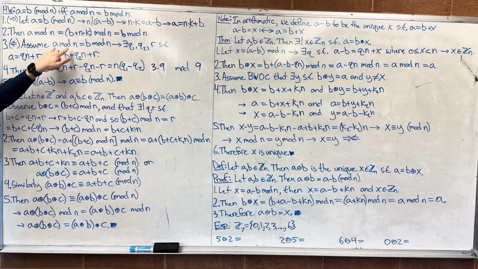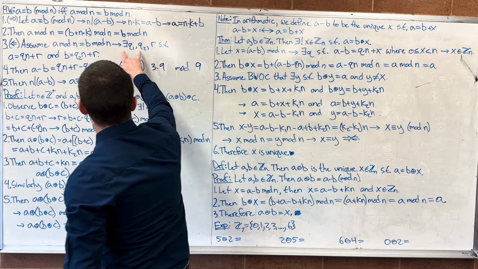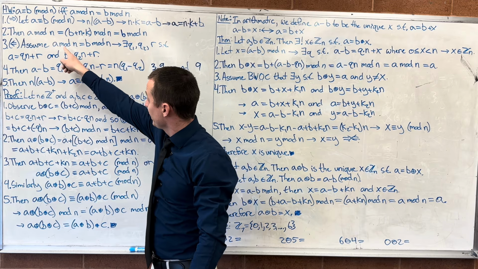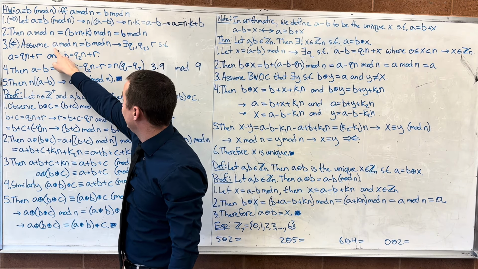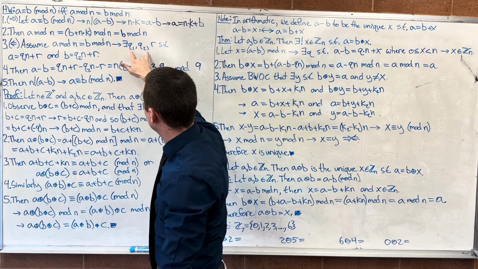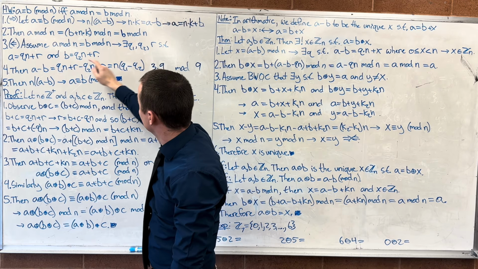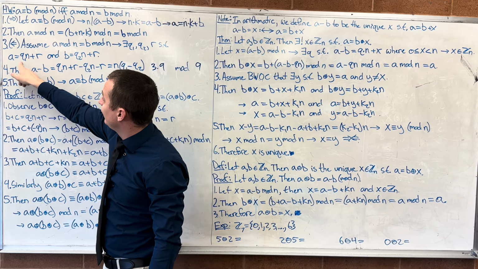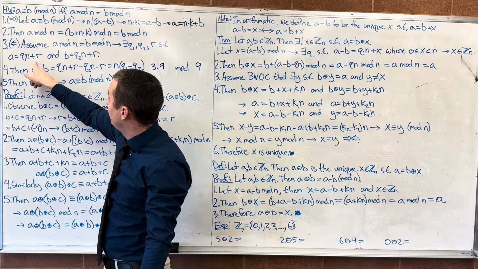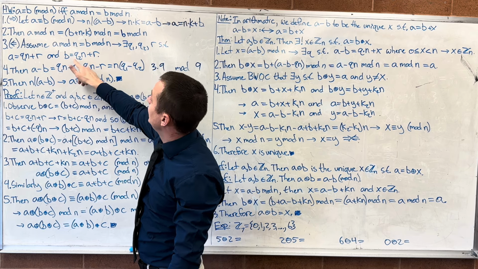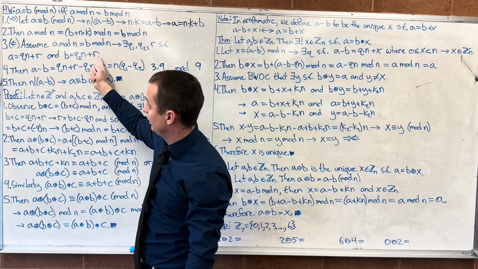So if I have A mod n equal to B mod n, I know that there must exist two integers, two quotients. So I'm going to look at A divided by n and B divided by n. There has to be two integers, two quotients, such that A is equal to q1, whatever that quotient happens to be, times n, plus the remainder, and B has to be equal to some quotient times n plus the remainder.